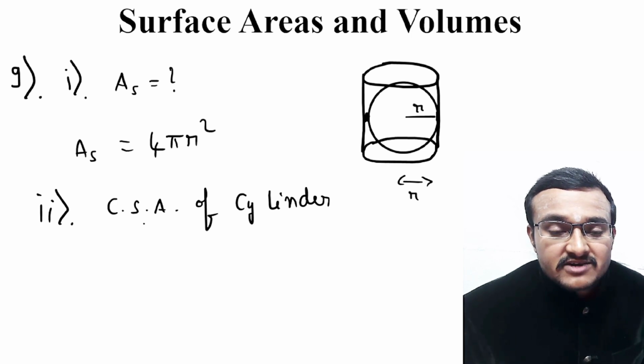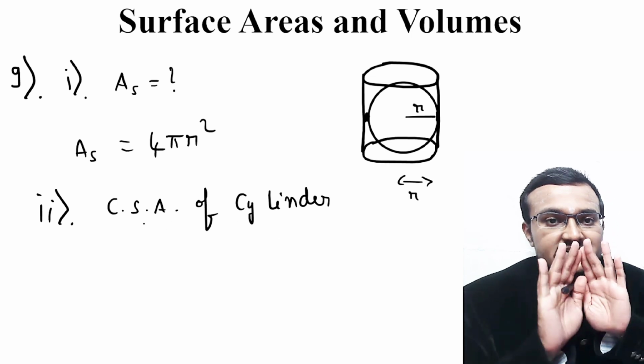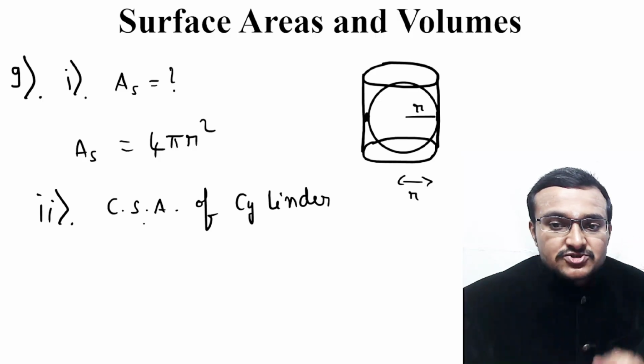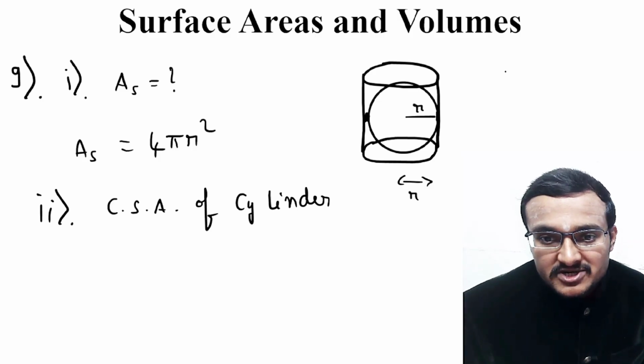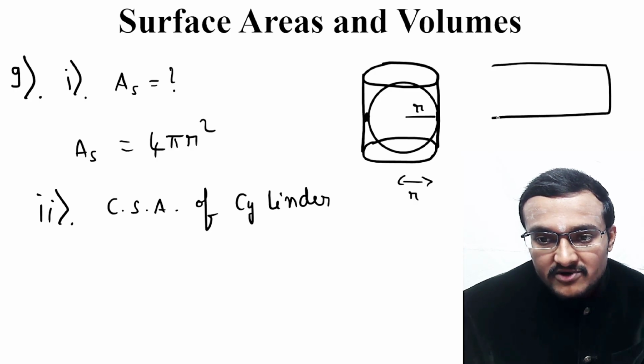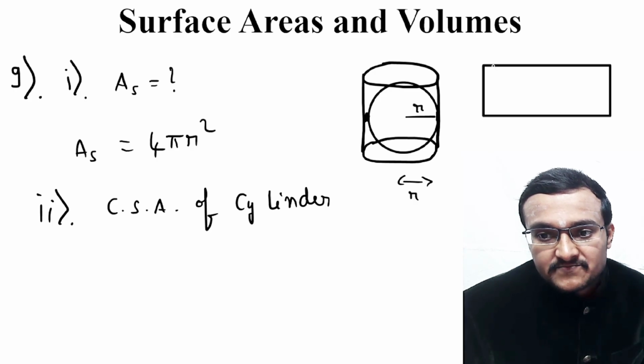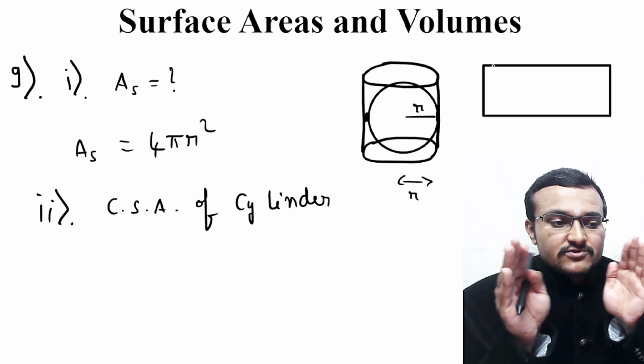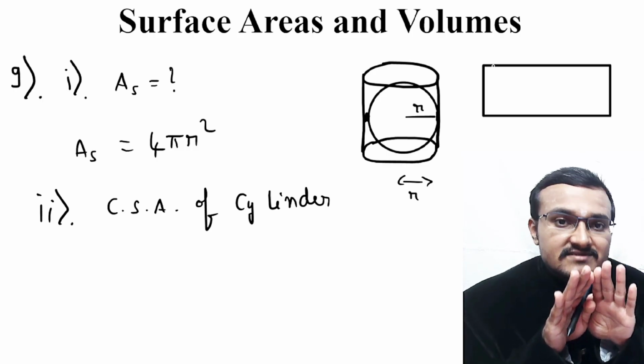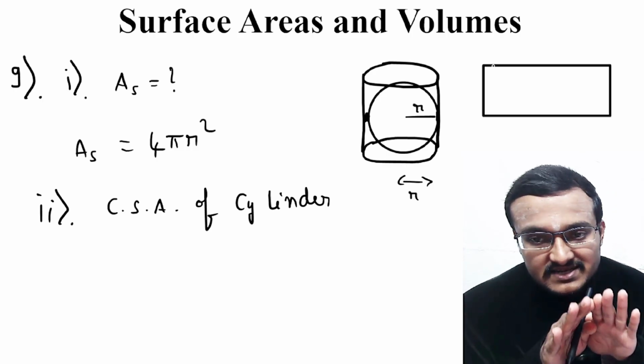So now you have to find out the curved surface area of the cylinder. So that is just the curved surface area. If you cut open this particular cylinder, then it will look like a rectangle. If you have a rectangle and you curve that, then you will get a right circular cylinder.